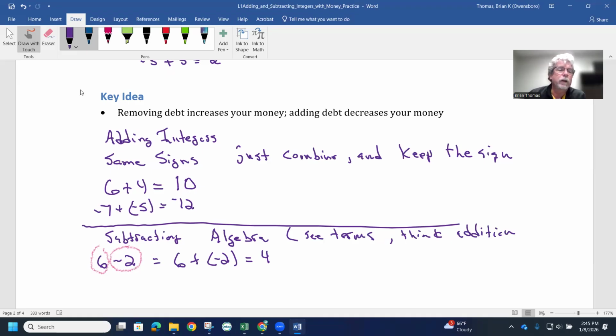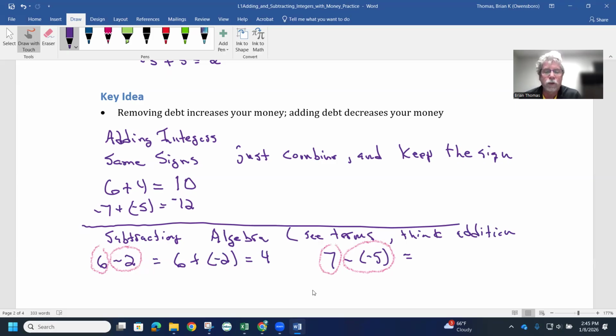That problem there is not that big of a deal, but where it gets tricky is when I give you 7, take away a negative 5. What we can do is see this as a 7, and circle this next piece here. Removing debt is the same thing as adding income.